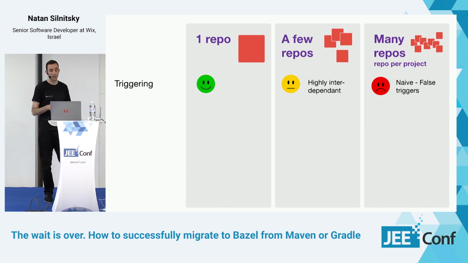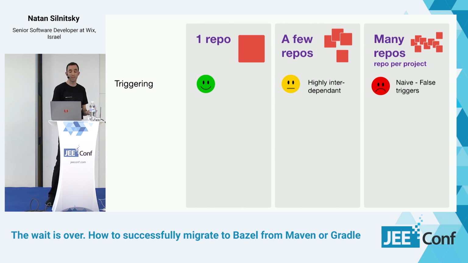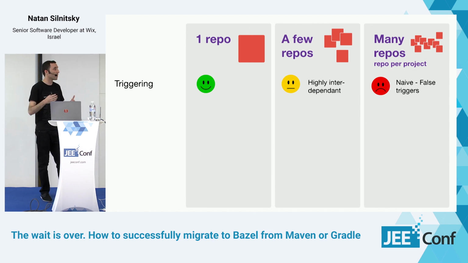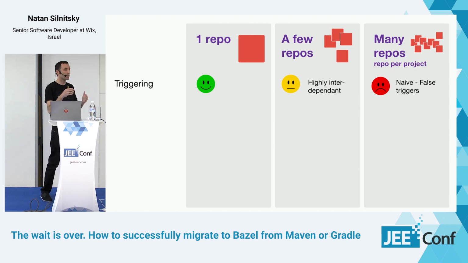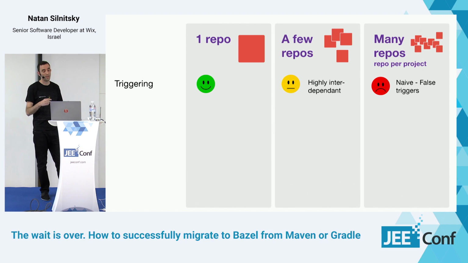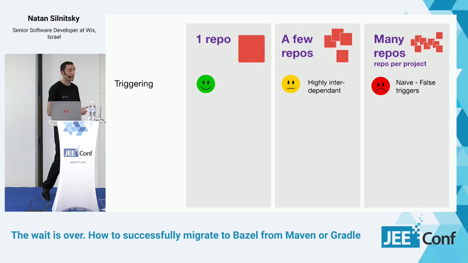So if you have a lot of repositories, that means that on a naive solution, you probably get a lot of false triggering of these repository builds, because not each repository depends on each other. But if you consolidate your repos, that'll mean you probably have much higher degree of interdependency, so you get less false triggering.